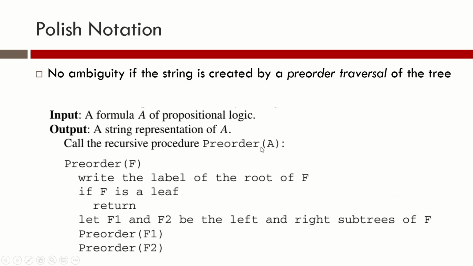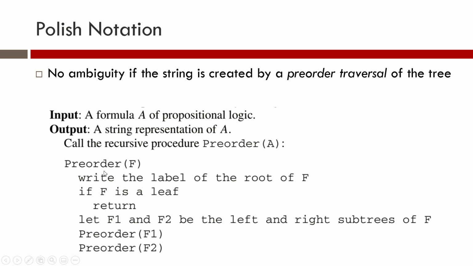And finally, the third method is using the pre-order traversal. When we perform pre-order traversal, we won't have any ambiguity in the string representation. So the third method for resolving ambiguity is to use the pre-order traversal, or what we call Polish notation. The prefix notation, or the pre-order traversal, will give us the Polish notation of the formula. Here you can see the algorithm. This algorithm is similar to the pre-order traversal which you have learned.